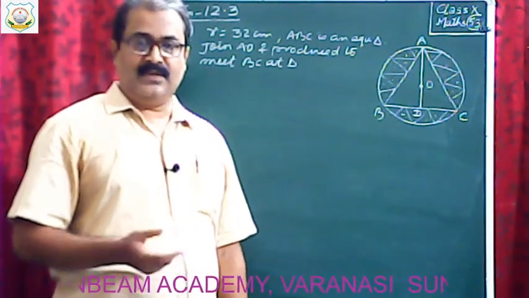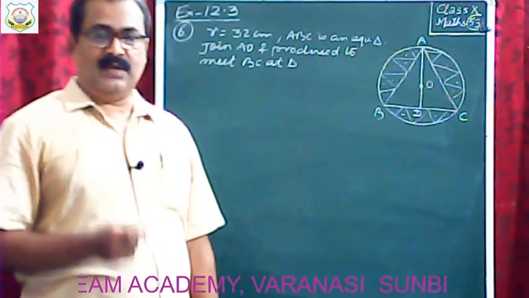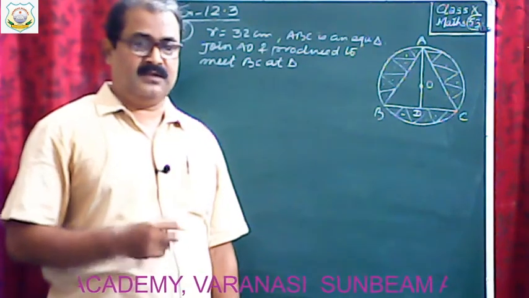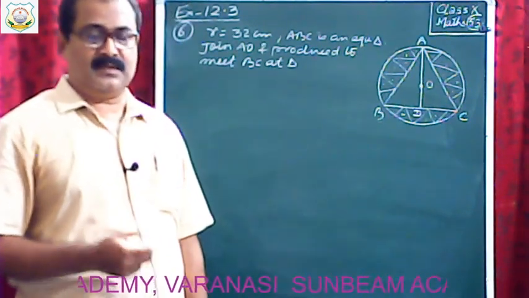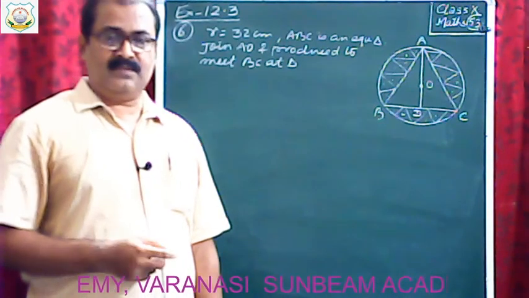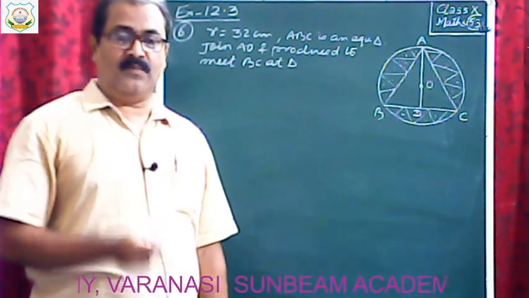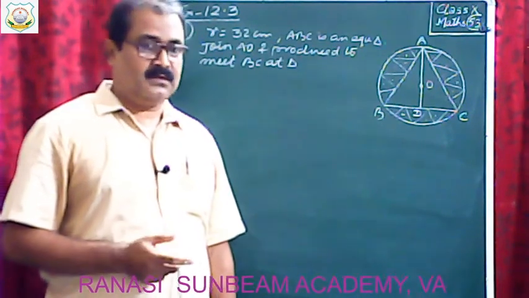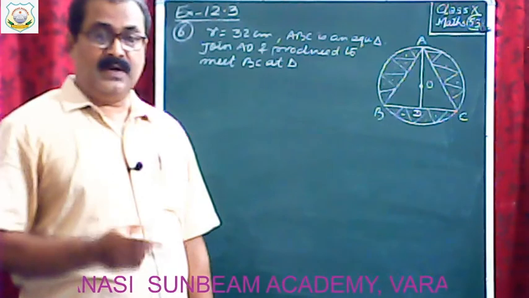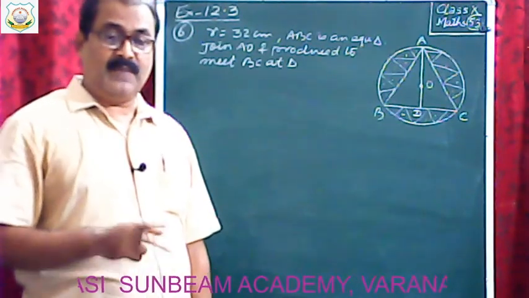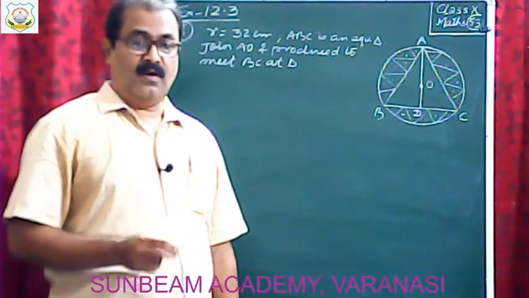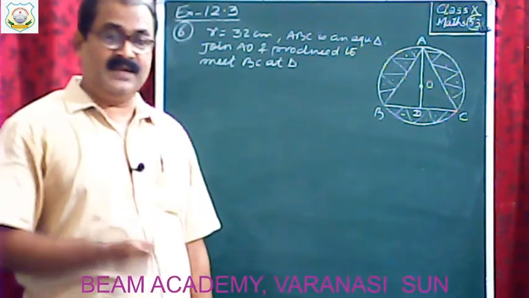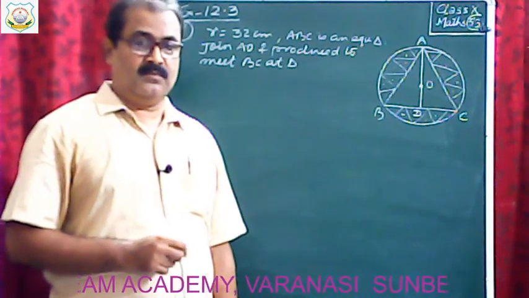Clear? Centroid means what? Point of concurrency of medians of a triangle is known as centroid. Orthocenter is what? Point of concurrency of altitudes of a triangle is known as orthocenter. Circumcenter means what? Point of concurrency of perpendicular bisectors of sides of a triangle is known as circumcenter.